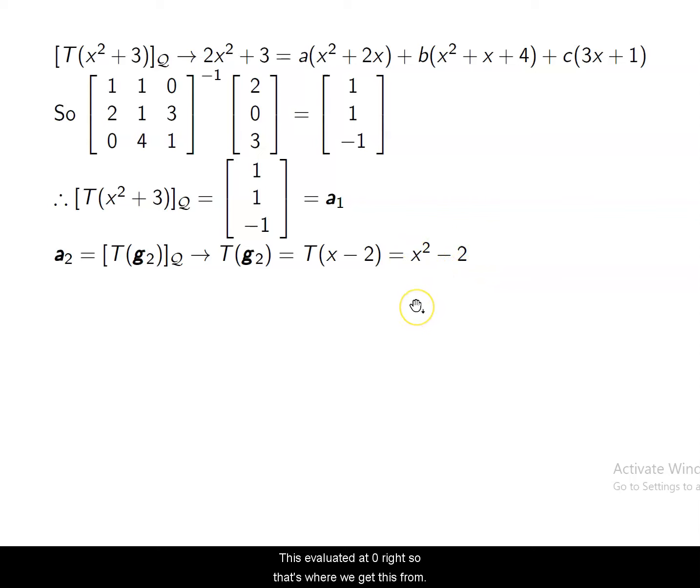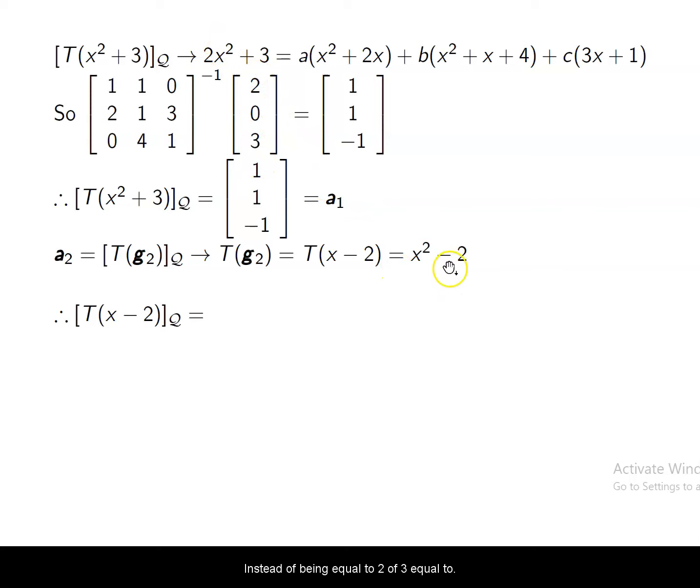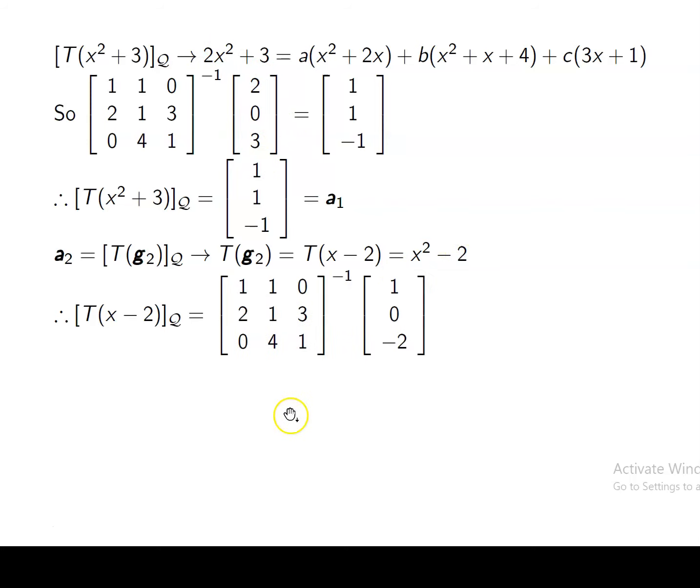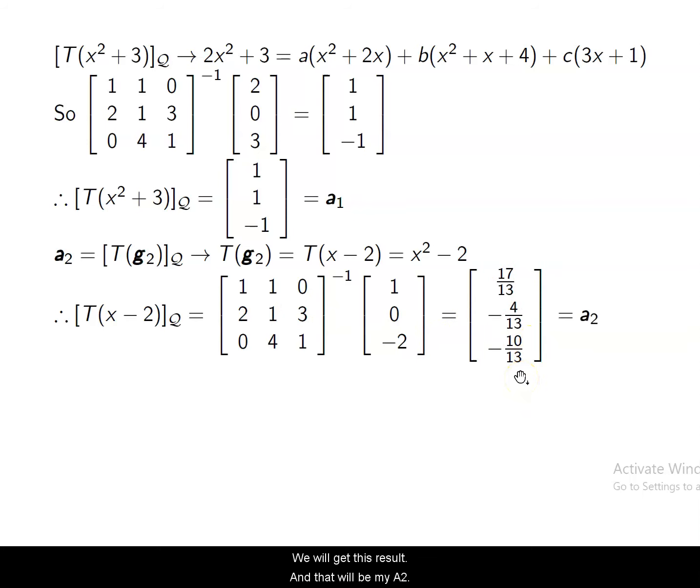So that's where we get this from. To find this, I do the same thing. It's going to have this exact same representation on this side, but instead of being equal to 2, 0, 3, it'll be equal to 1, 0, negative 2. Right. So when I multiply this out, we will get this result. Okay, and that will be my A2 vector.